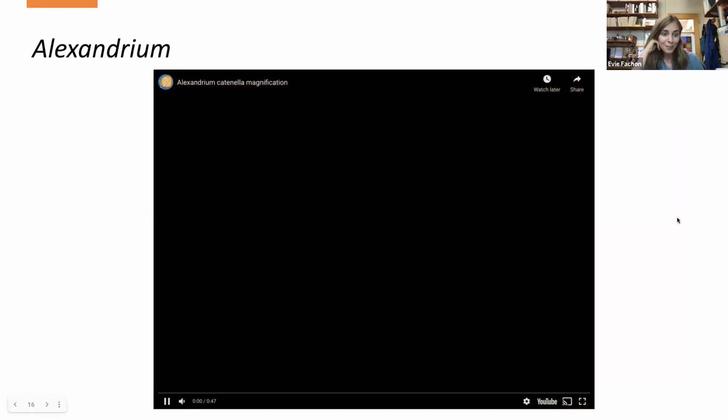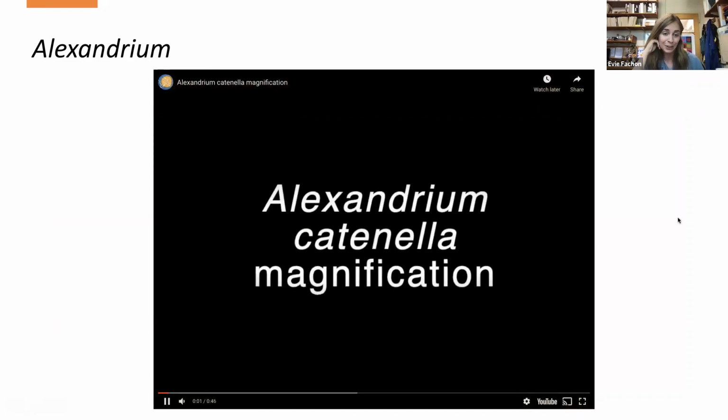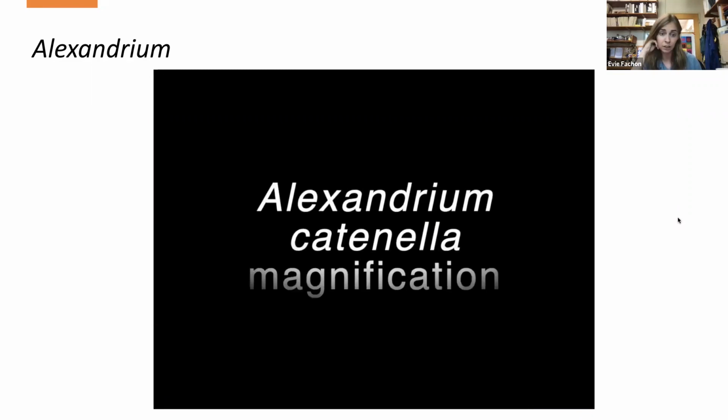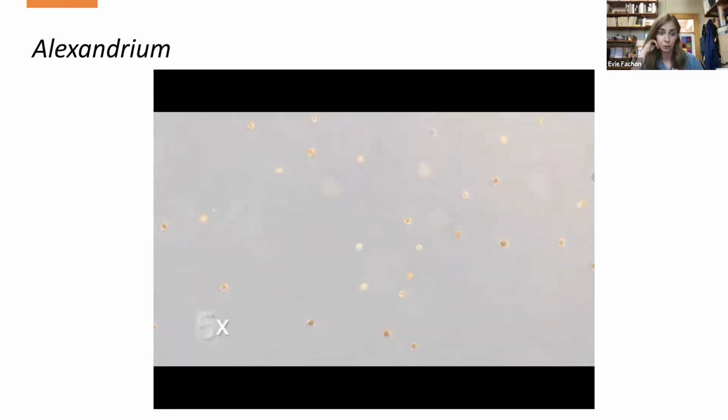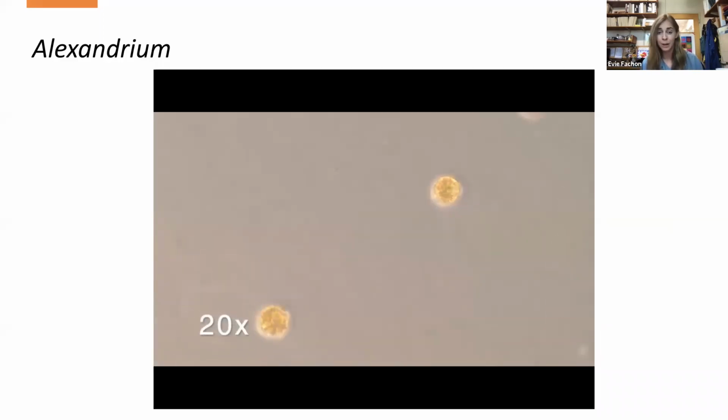If you don't mind playing this video, we can have a look at what these cells actually look like in culture. Depending on whether you're looking at live or preserved samples, you might see cells like this swimming around. The characteristics that you can discern will depend on the power of your microscope. At the lowest magnification, you might just see golden balls tumbling around.